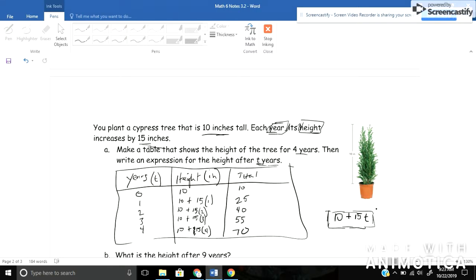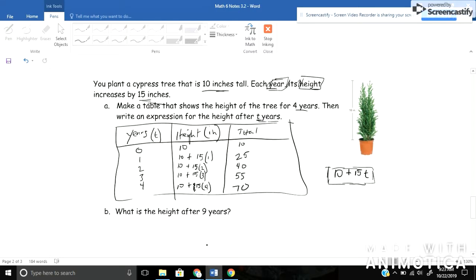All right. Now for letter B, what's really nice is it says, what's the height after 9 years? Well, you could go on and go 5, 6, 7, 8, and get all the way up to 9. That's the slow way. Now that we have this expression, we can substitute in 9 for our years. So we can take the original 10 inches plus 15 times 9 years that it's grown.